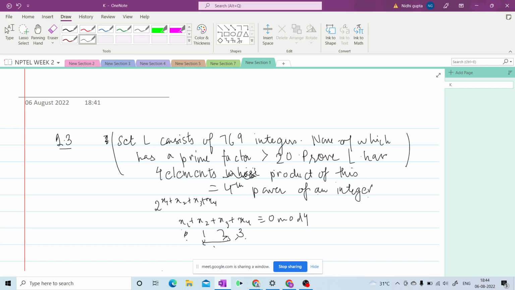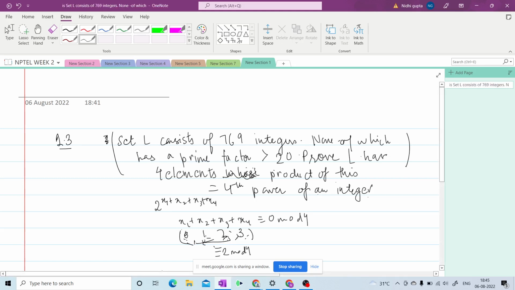I'm talking about the summation x1 plus x2 plus x3 plus x4 in totality. So these choices are not correct, but maybe you choose some other numbers. You have to make sure that it comes out to be 0 mod 4.